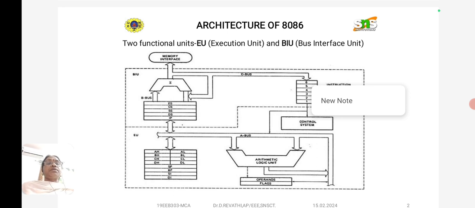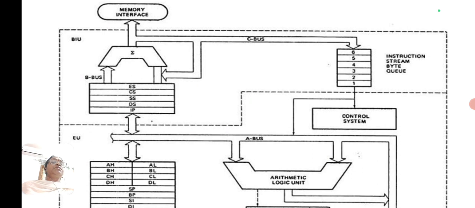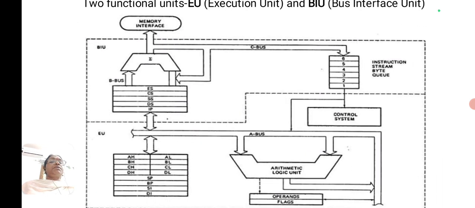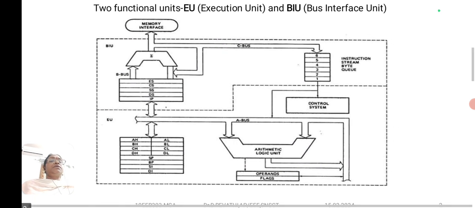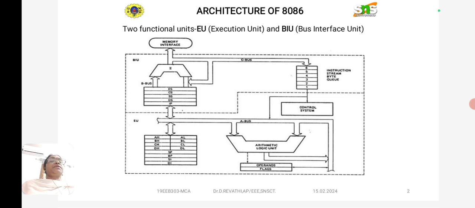First we are going to see the BI unit. In the BI unit there are segment registers available: the extra segment, the CS register, the code segment, the stack segment, the IP, and the data segment. The extra segment consists of the base address of the extra segment, and the code segment consists of the base address of the code segment.